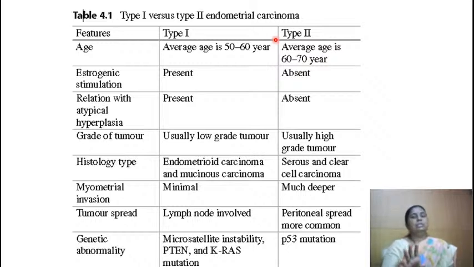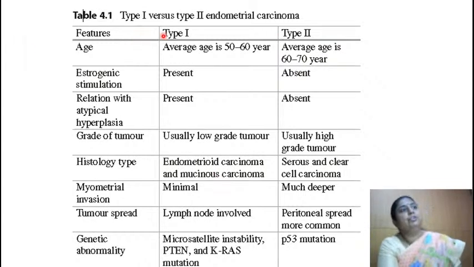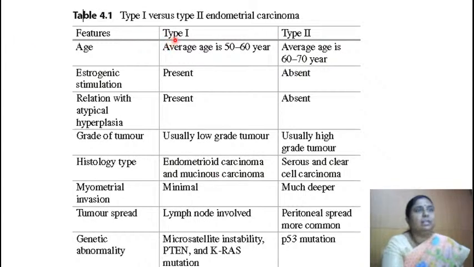Endometrial carcinoma means all carcinomas arising in the endometrium, and when they histologically resemble the endometrial glands, then we call them endometrioid carcinoma. Not all endometrial carcinomas are endometrioid carcinomas. You have two varieties: endometrioid carcinoma and non-endometrioid endometrial carcinomas. The endometrioid carcinoma is called type 1, and the non-endometrioid type is usually termed type 2 carcinomas.